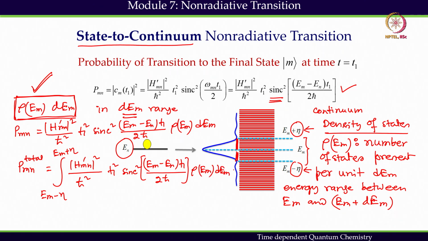So we are integrating the contribution coming entirely from this region, this energy space. All the contributions we are calculating. Each state's probability of transition is given by this part, only this part. Then we are multiplying by this, because this is the number of states I have within this energy range, and in the end I am just integrating the total contribution.